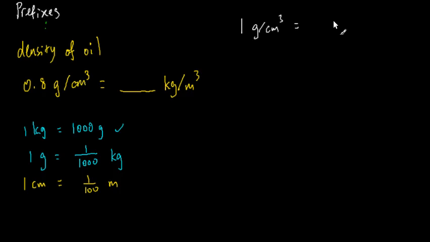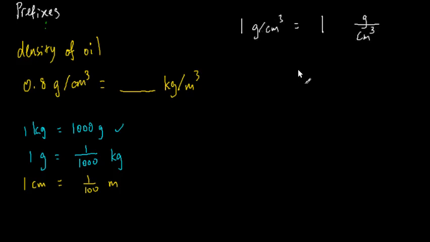In case you haven't learned this in algebra yet, let me just write it this way. I'm going to write it as 1 g over cm cubed. I'm going to take the stroke here to mean a fraction.